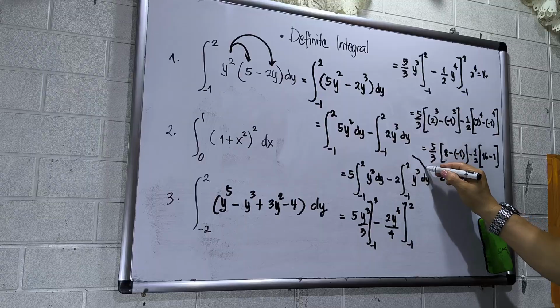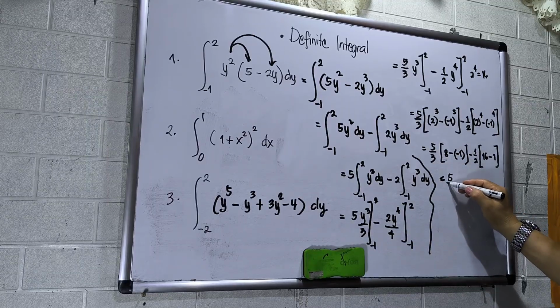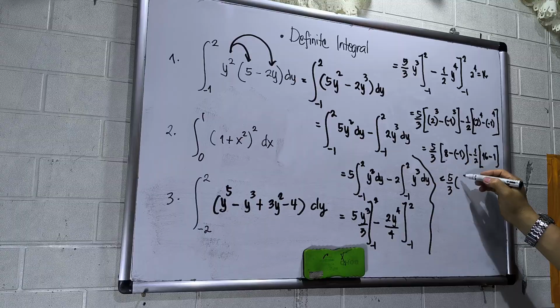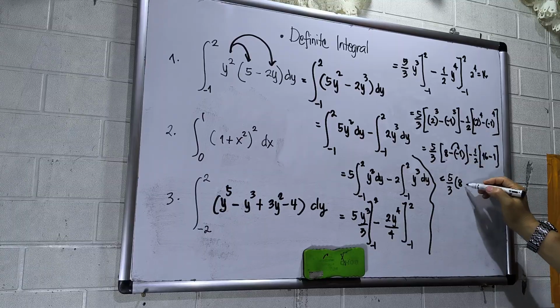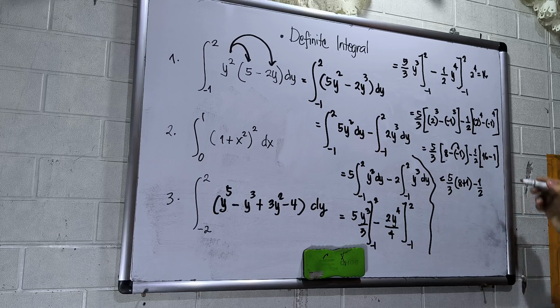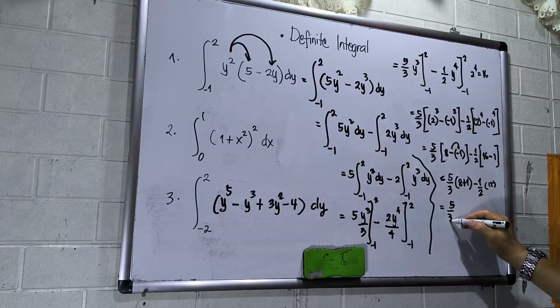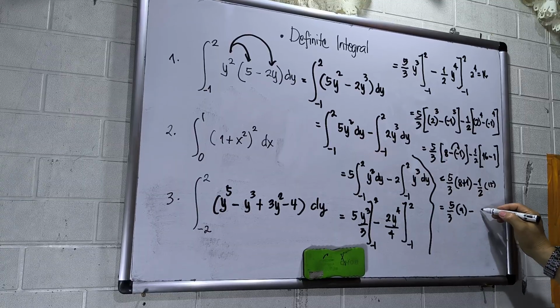So this will be 5 over 3 times 8, negative negative is positive, so 9. Then minus 1 over 2 times 16 minus 1, that is 15. So this will be 5 over 3 times 9 minus 15 over 2.